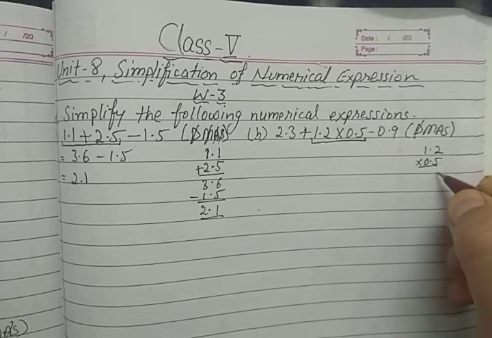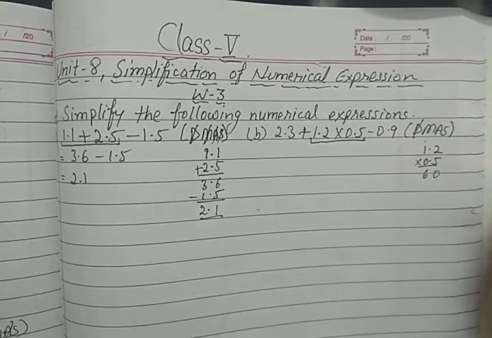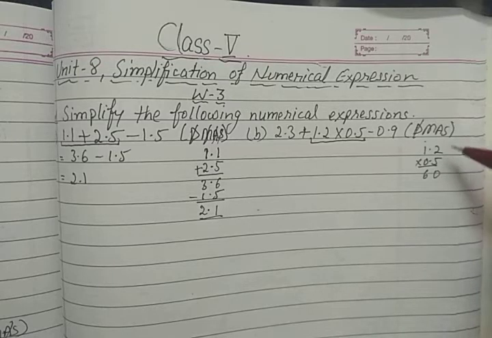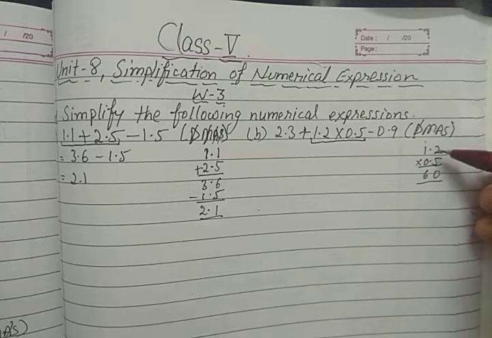Multiply them. 5 twos are 10, and 5 ones are 5, 6. First we multiply by ignoring the decimals, and then we put the decimal in the product. How many decimal places are there? 1 here and 1 here, total 2.